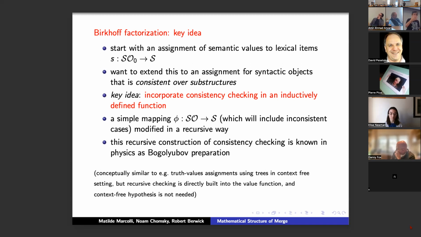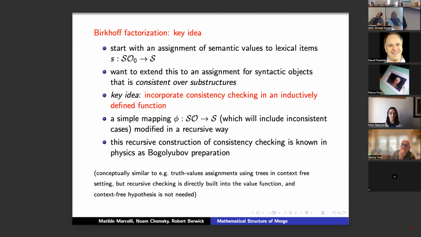You want to extend it to the more structured syntactic object, consistently with what it is on the lexical items, but you want to do it in such a way that you incorporate in your function a recursive mechanism for checking consistency over substructures.